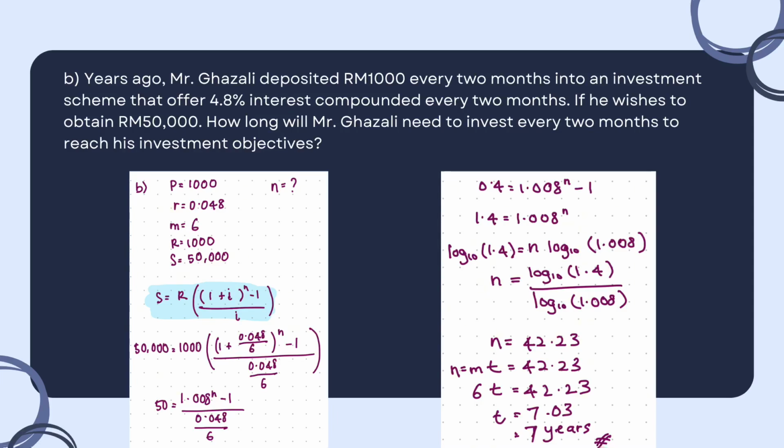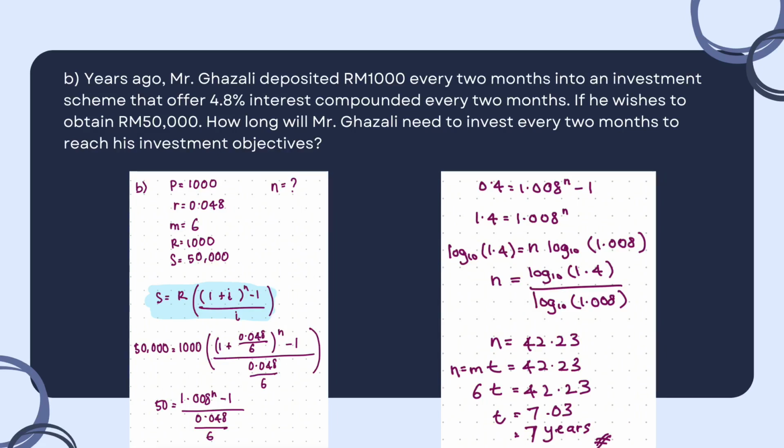to 1.008 to the power of n, and we do log: log 10 1.4 equals n log 10 1.008. We bring log 10 1.008 to the left side to divide, so n equals log 10 1.4 divided by log 10 1.008, which equals 42.23.